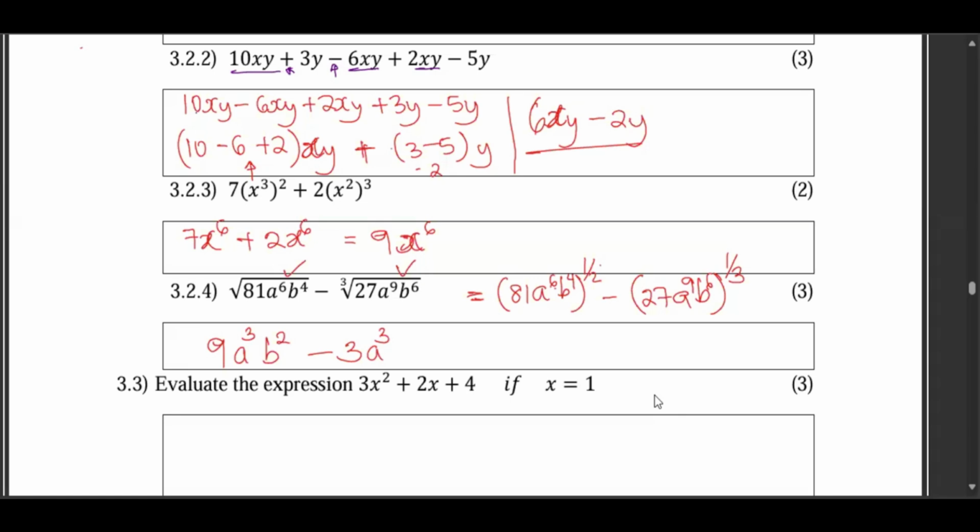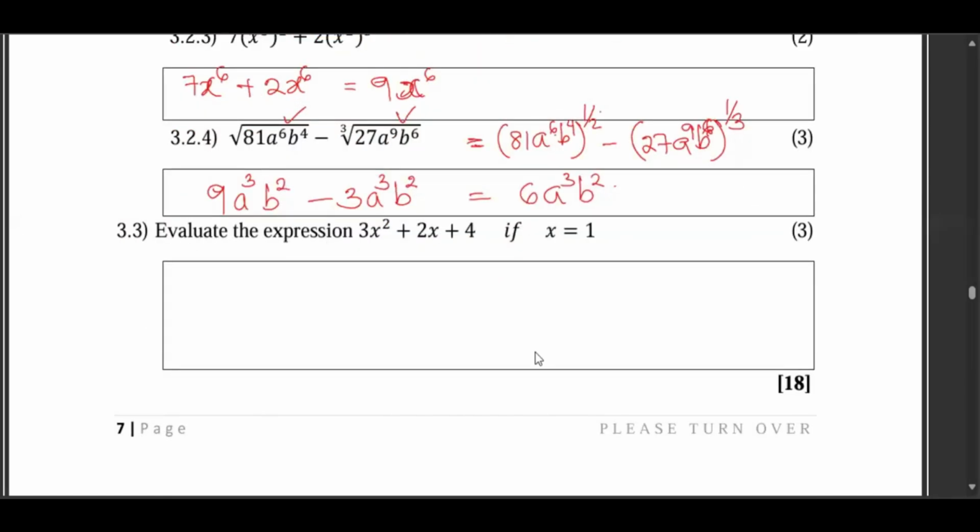Whereas b, this is 6. 6 times a third, you remain with the 2. When you look at them critically, they are the same. So we subtract the numbers normally, which gives us 6 a cubed b squared.